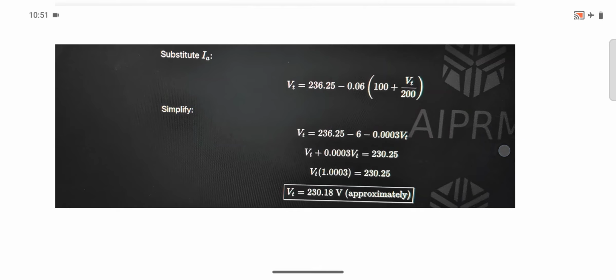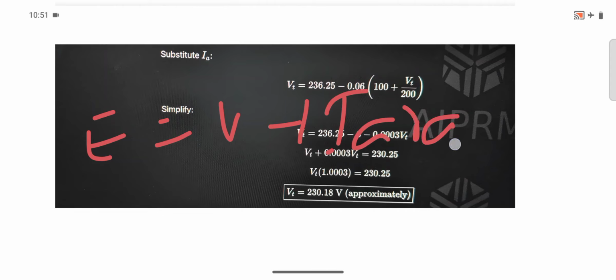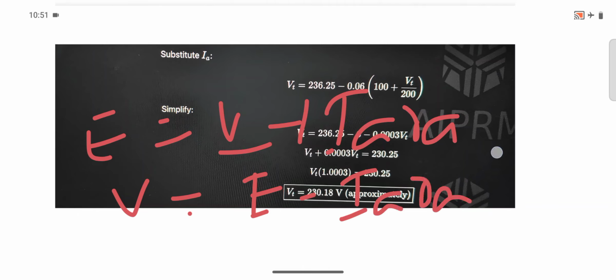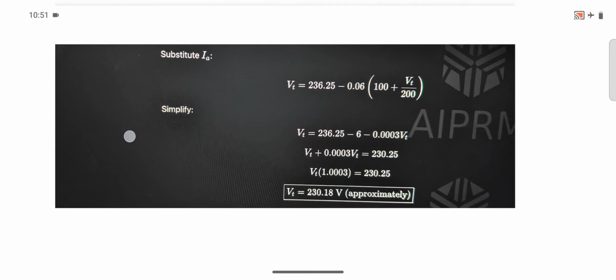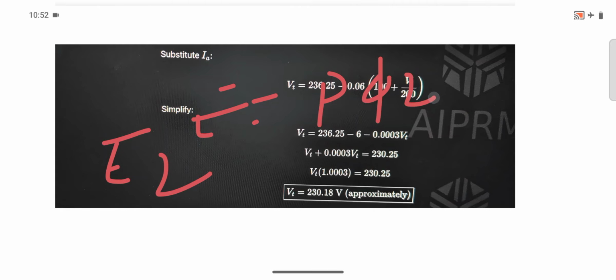So what I have done for finding the terminal voltage: as we know that EMF is equal to V plus IA RA in DC generator, so terminal voltage is equal to E minus IA into RA. Now EMF we have to calculate. Then we use the proportional formula, as we know P phi Z N by 60A.